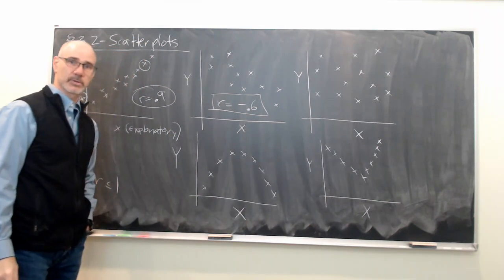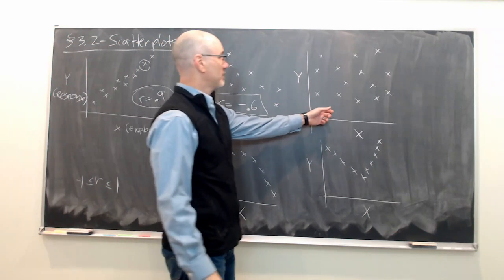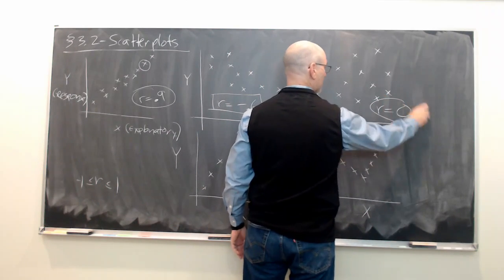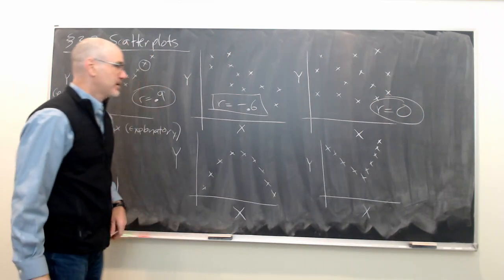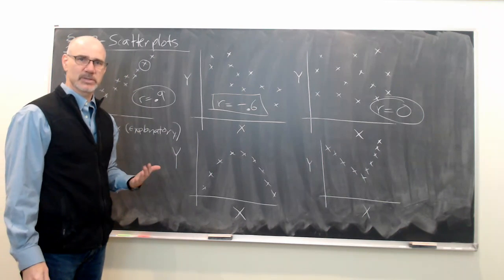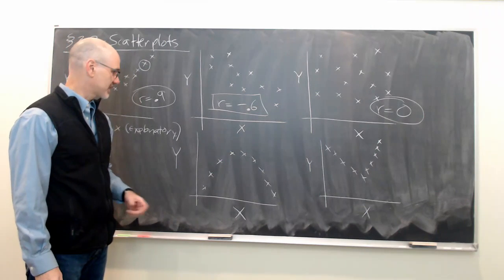That might capture the strength of that linear association. And then moving over here, no association would be an r equals 0. And here are the ones that are, tricky is not quite the right word, but just something to test your understanding with these last two.